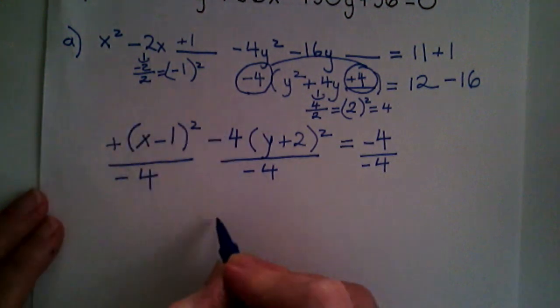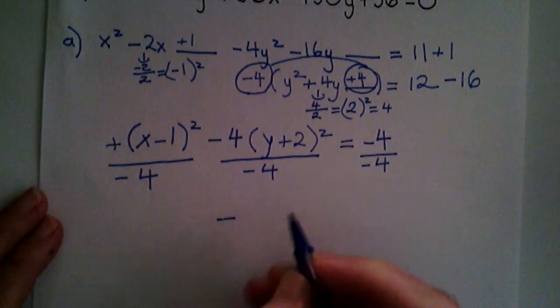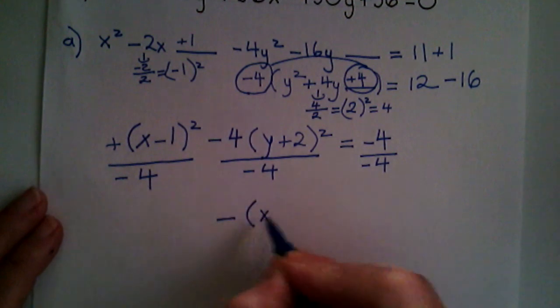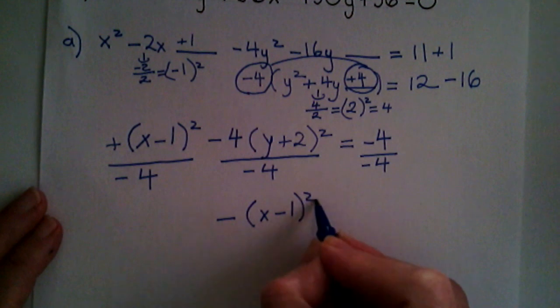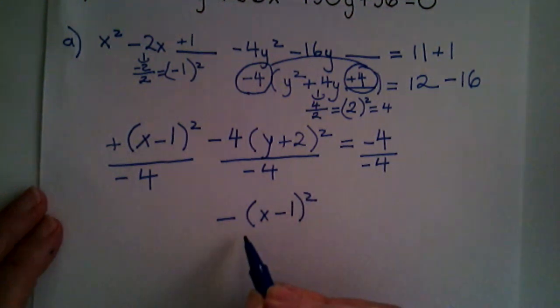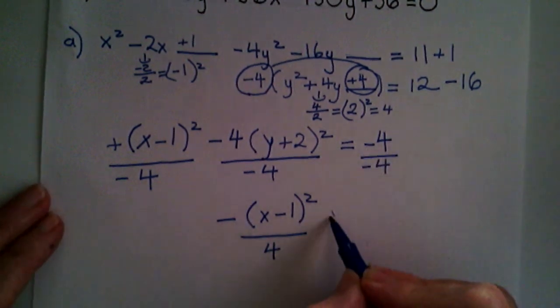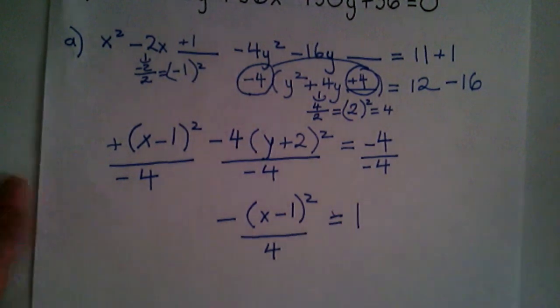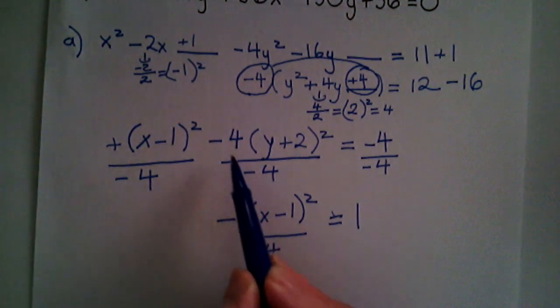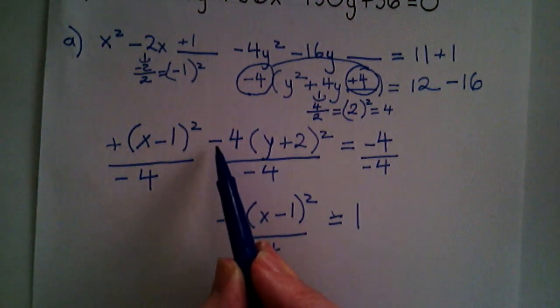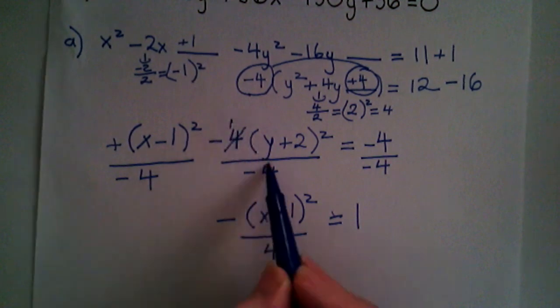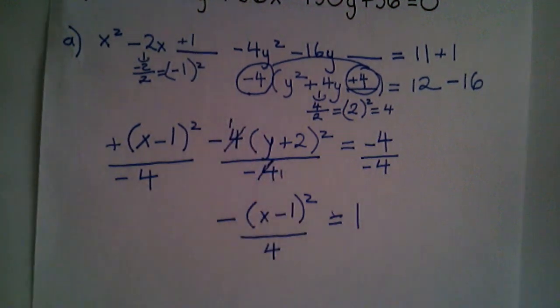This here is going to be minus (x minus 1) squared over 4. This is going to give me equal to 1, which all ellipses and hyperbolas have to equal 1. Now here, a negative and a negative is going to give me a positive. That's going to be 1, that's going to be 1.